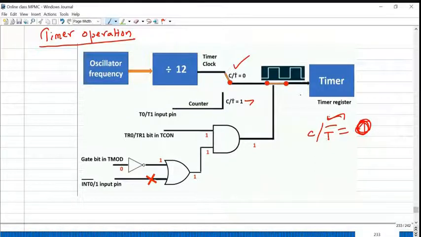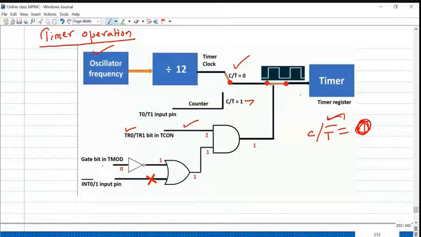It is acting as a timer. So timer 0 or timer 1 receives the clock pulse from the internal oscillator, oscillator frequency divided by 12, and then it will be connected. And to start timer 0, timer 1, the corresponding timer run control bit must be 1. This AND gate output is 1 only if both the inputs are high. Okay, so this section is over.